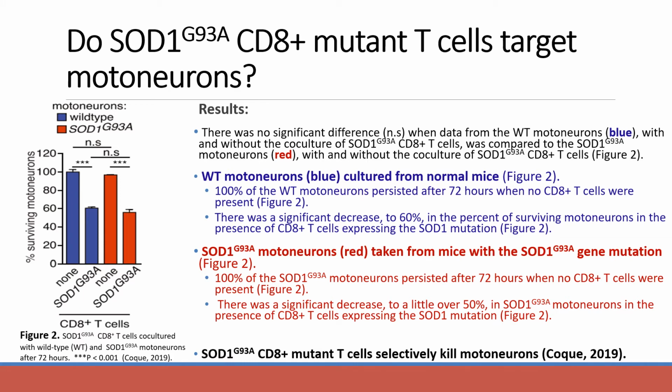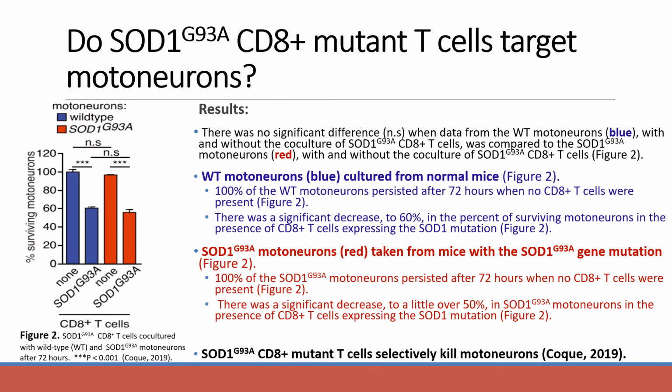So these CD8 T cells are expressing that SOD1 mutation. Looking from left to right again, in the first red bar, 100% of the mutant motor neurons persisted after 72 hours when no CD8 T cells were present.